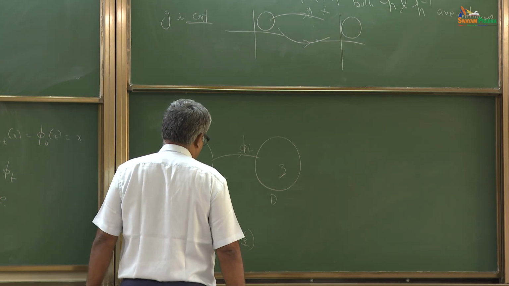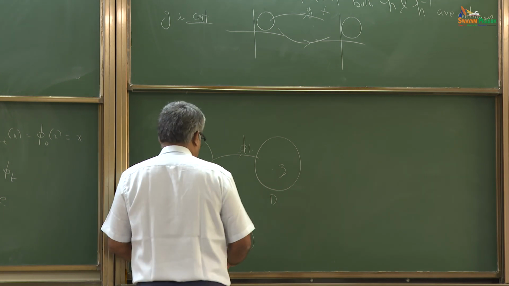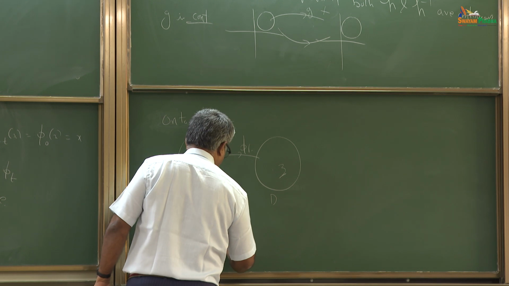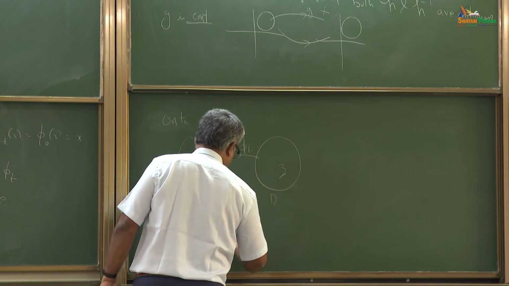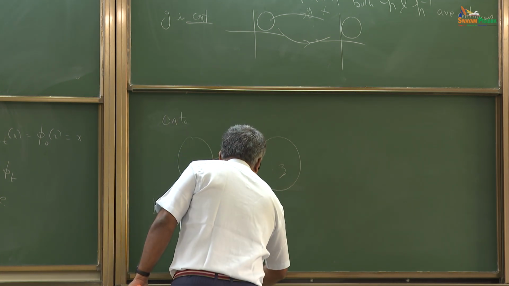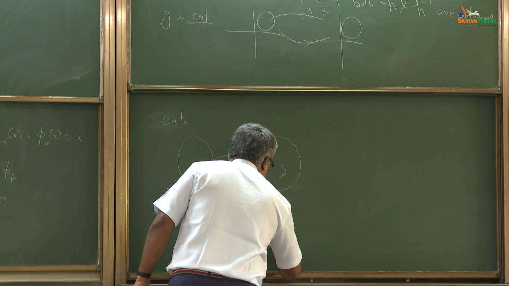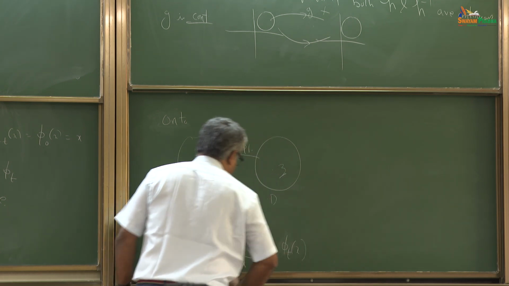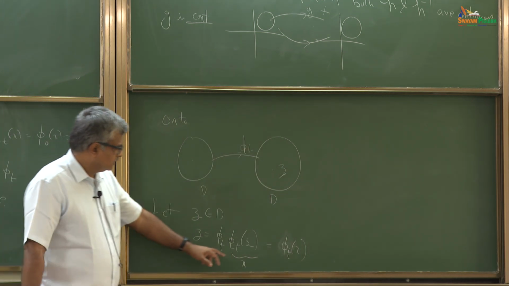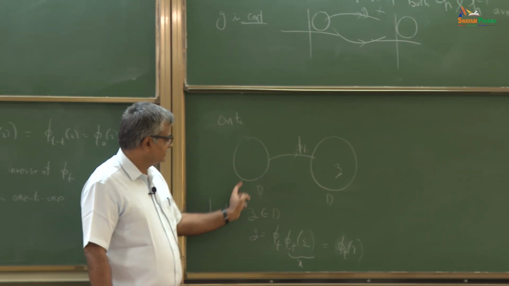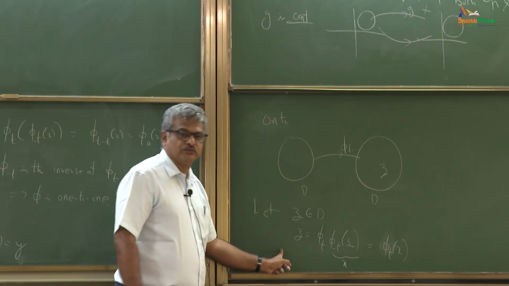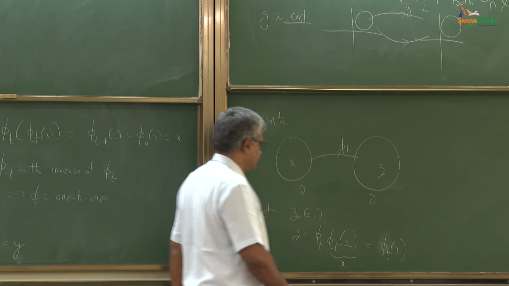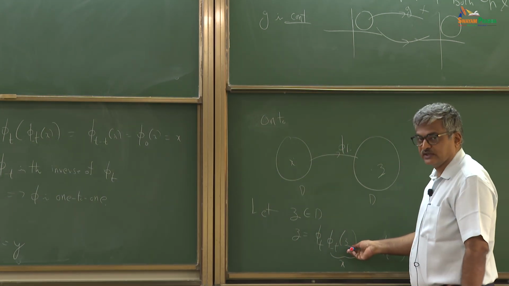I will define phi minus t of z as some x. So this will be phi t of x. That's all. Given z, I came up with an x such that phi t of x equals z, and that x is nothing but phi minus t of z.